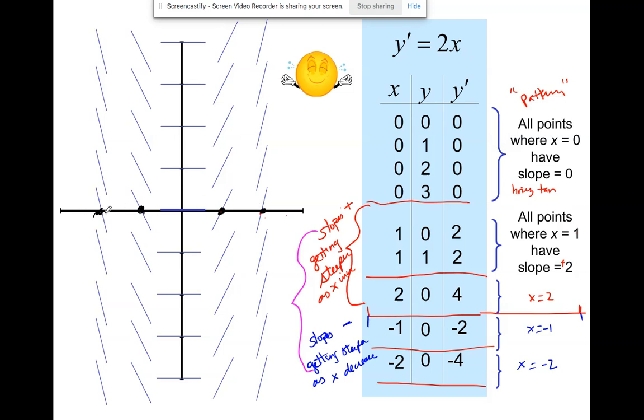Do you see the symmetry? At 1, 0, the slope is 2, and at -1, 0, the slope is -2. All to the right of the y-axis, I have positive slopes. To the left of the y-axis, I have negative slopes. And on the y-axis, I have slopes that are equal to 0. So in other words, your slopes change from negative to 0 to positive.